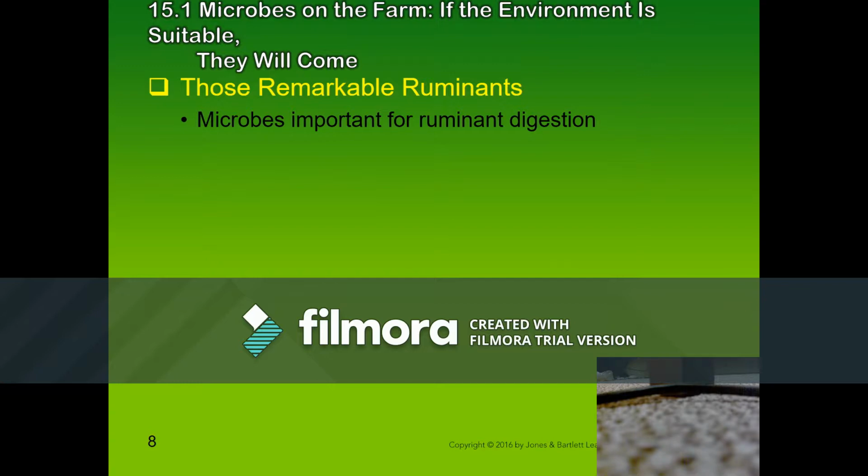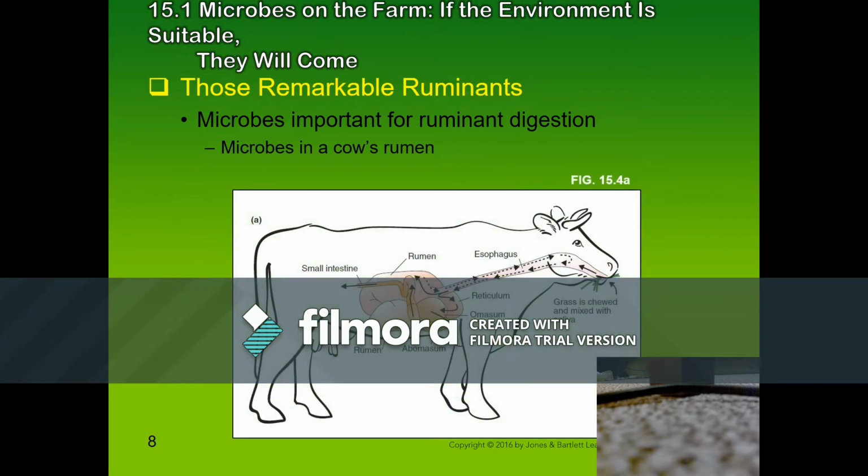Now, another place we can use bacteria on a farm is in the rumen of certain animals. The first ruminant that generally comes to mind is a cow. You might know that a cow has multiple stomachs, and they have a rumen and then another stomach for the vast majority of the bulk of the food they're eating.